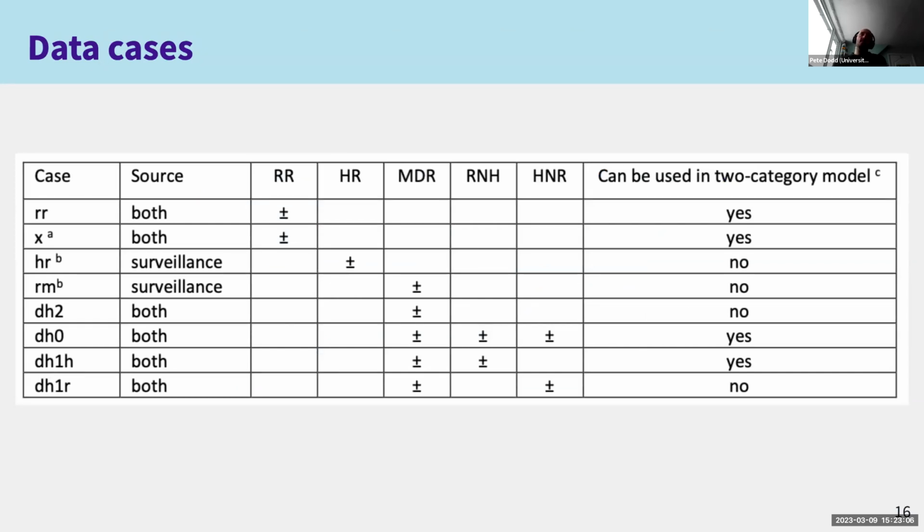So the first job in all this was to enumerate the different types of data that exist. You probably won't be able to understand this, and I slightly regret the notation that I chose for it, but this is mainly to get across that there are a number of different cases.